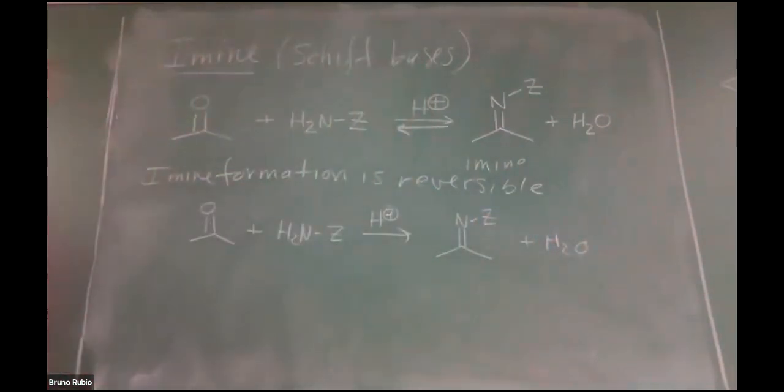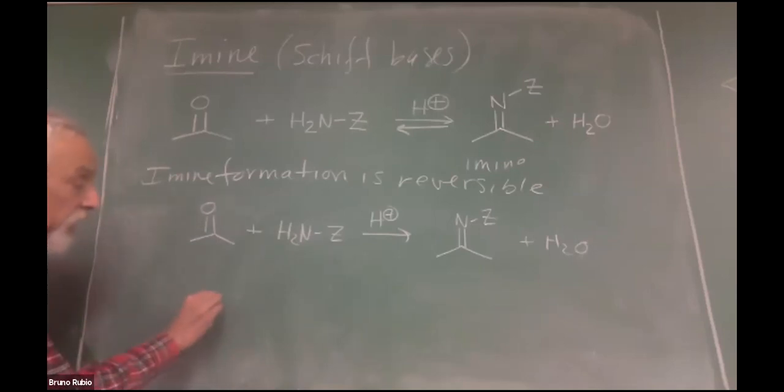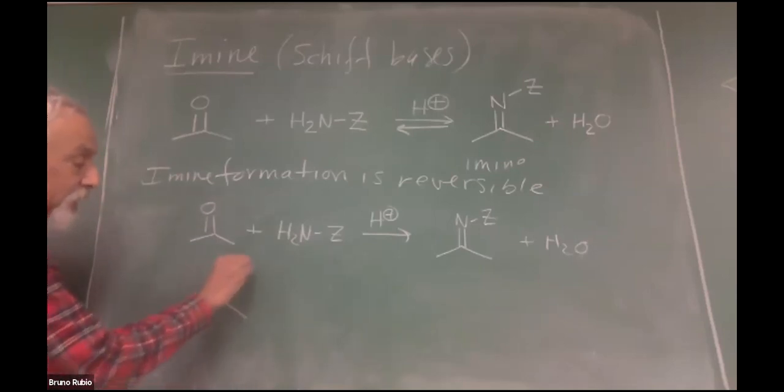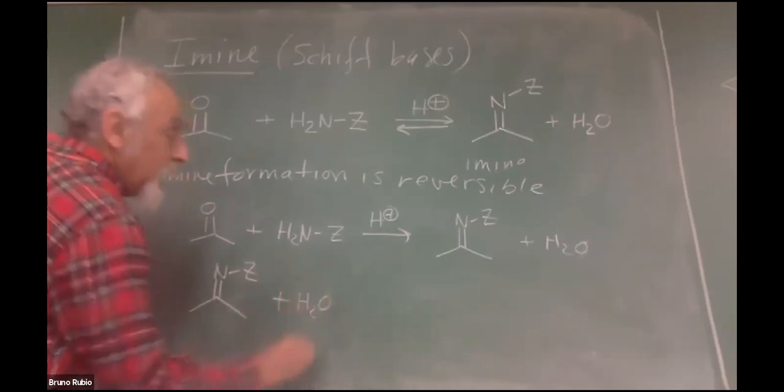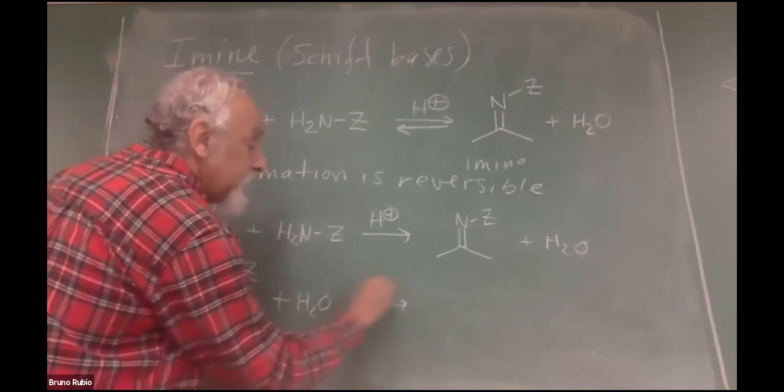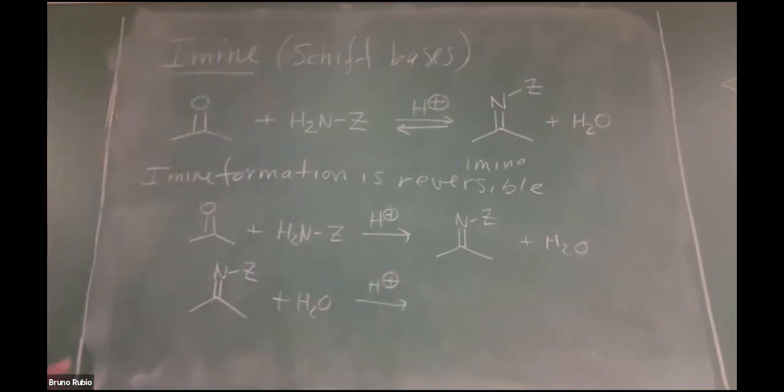But imine formation is reversible, meaning if we start with an imine and add water and add acid, the imine is going to fall apart. This is exactly the same thing that we saw with a hemiacetal and an acetal.